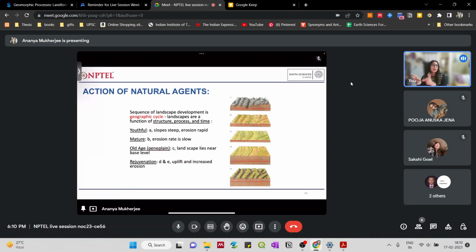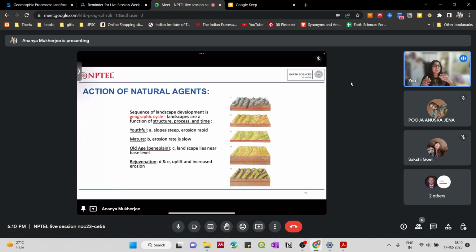So at the start of any geographic cycle, it is called a youthful stage. Then in between it would be a mature stage, and then you have the old age. And then one more you have, that is rejuvenation. What is rejuvenation?